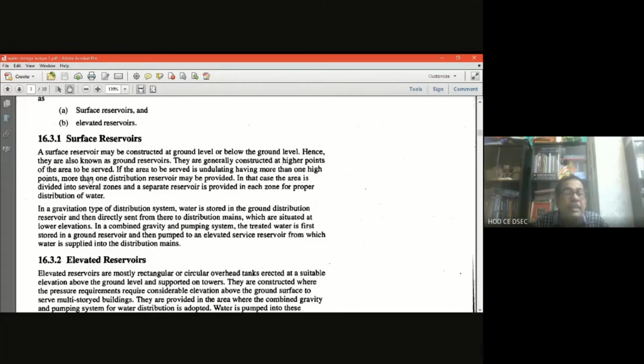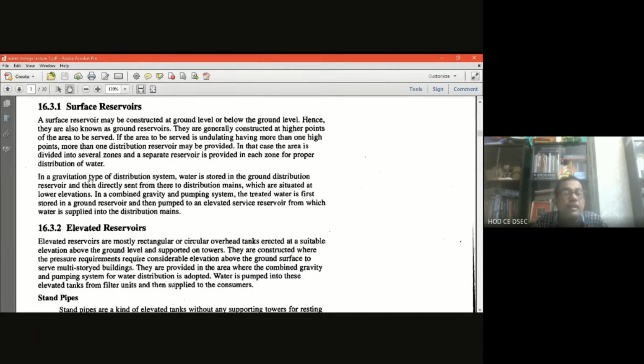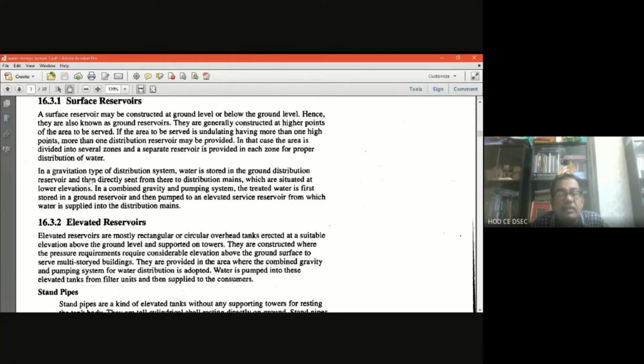And what are the elevated reservoirs? Elevated reservoirs are mostly rectangular or circular overhead tanks erected at a suitable elevation above the ground level and supported by towers. Where are they required?